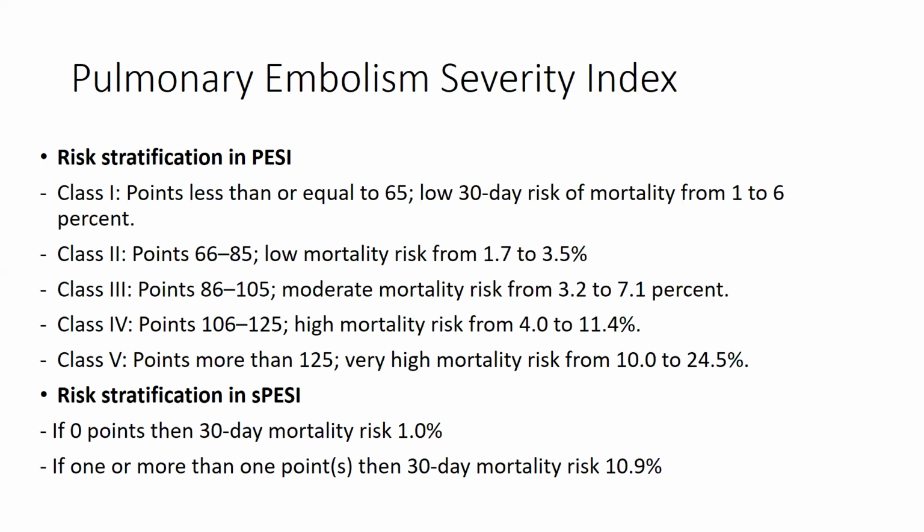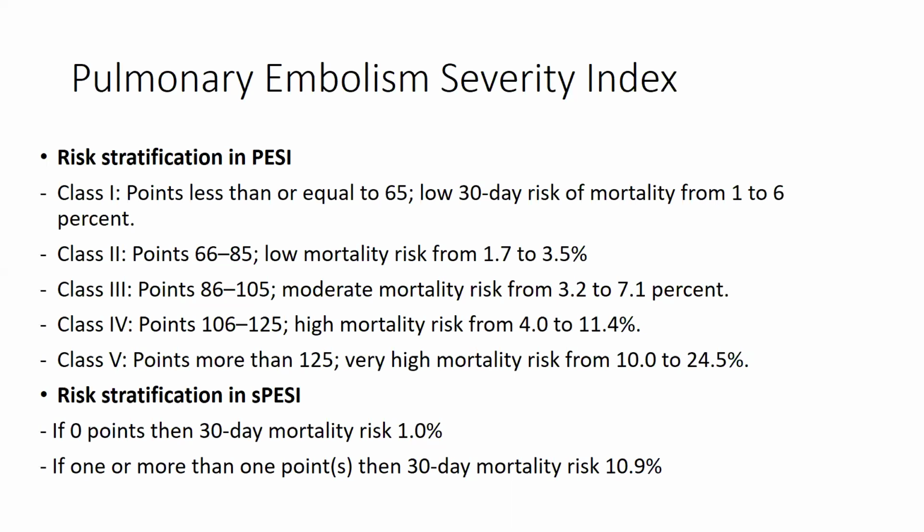It also has a low mortality risk of between 1.7 and 3.5%. But when you have class 4 to class 5, your PESI points 106 to 125 has high mortality rates. Almost 10% of such patients die. But if the points are more than 125, about a quarter of those patients will die.